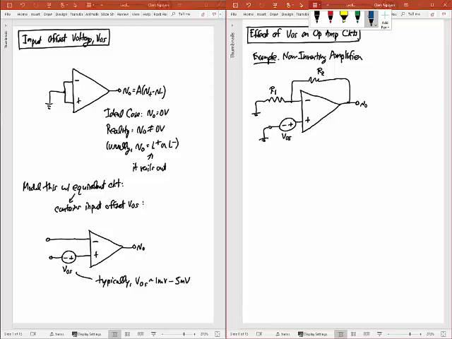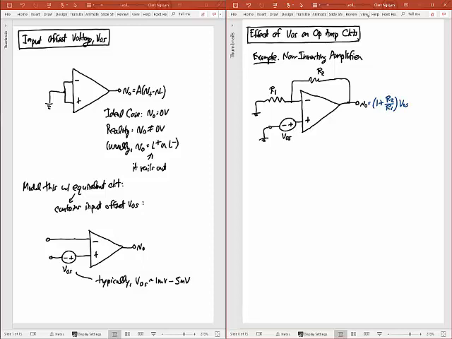It's actually going to be whatever the gain of this thing is. So this output is going to be whatever the gain of this thing, which is 1 plus R2 over R1. Right? You know that for this circuit. Times not 0, but times VOS. So that now becomes my output.